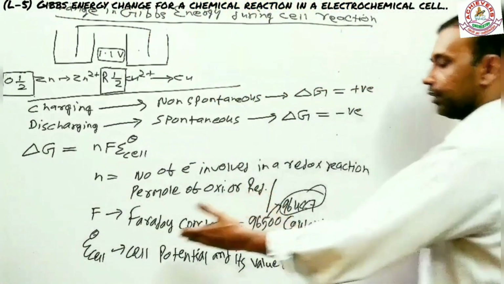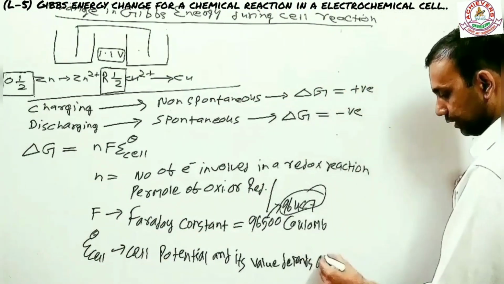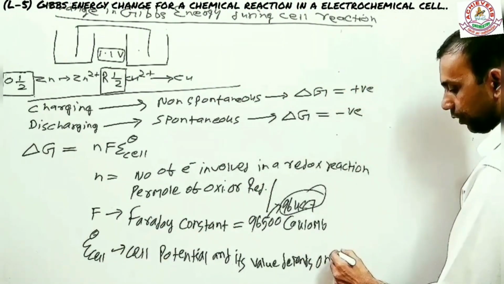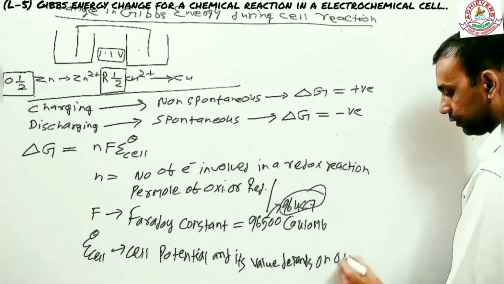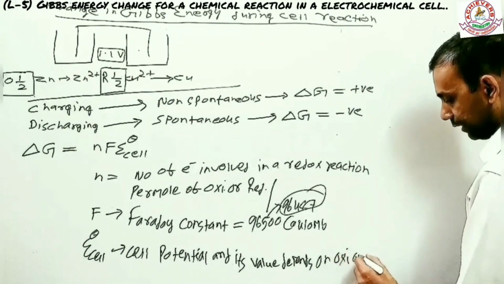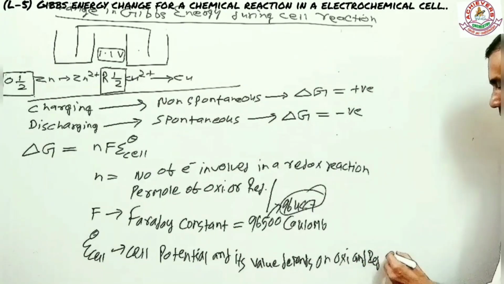E cell represents the cell potential, and its value depends on the oxidation and reduction chemical species.